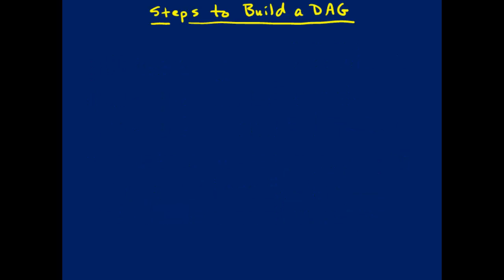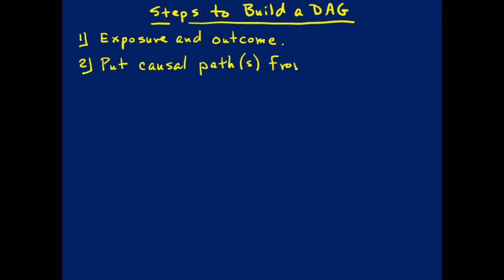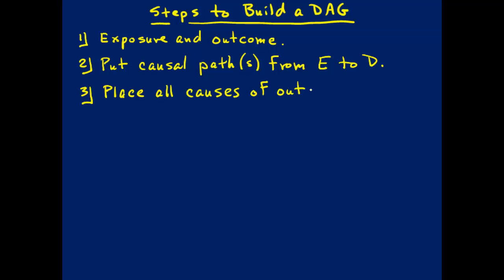Now you can follow the step-by-step procedure that I used when I was building my DAG. And I started by putting my exposure and outcome variables. Now I only had one path between exposure and disease, but you might have multiple paths through which exposure has a causal effect on your disease variable. The next thing I did was to place all of the causes of my outcome.